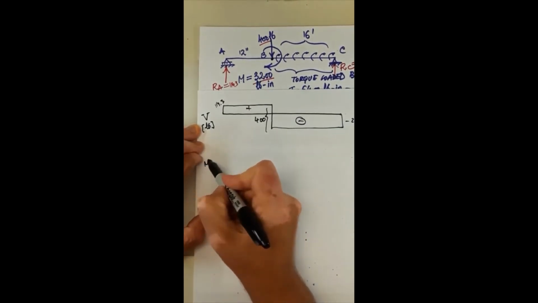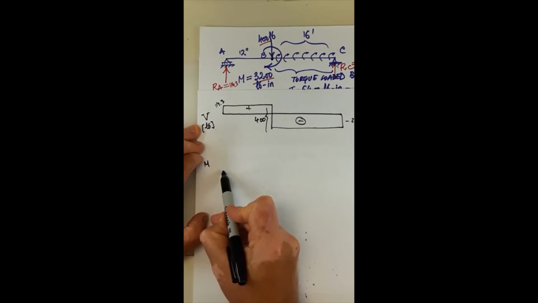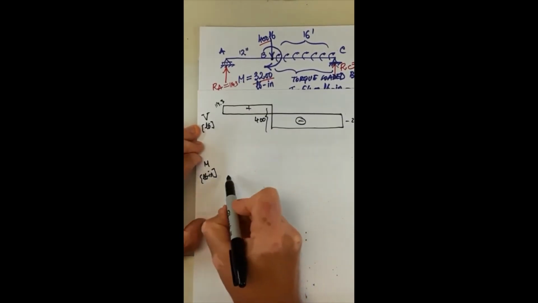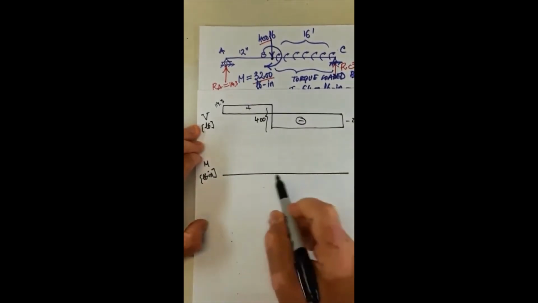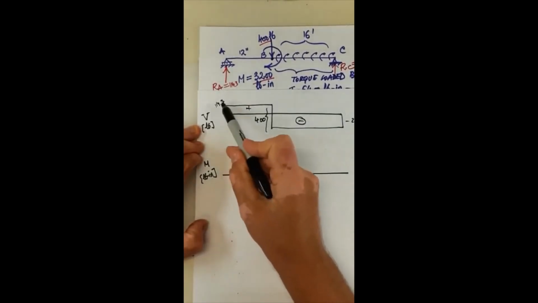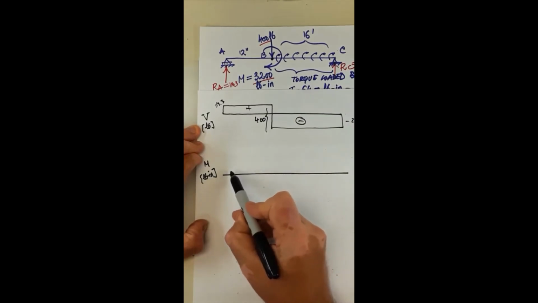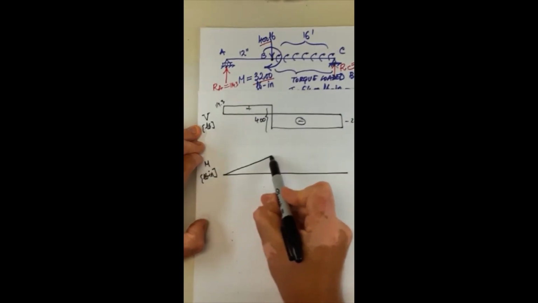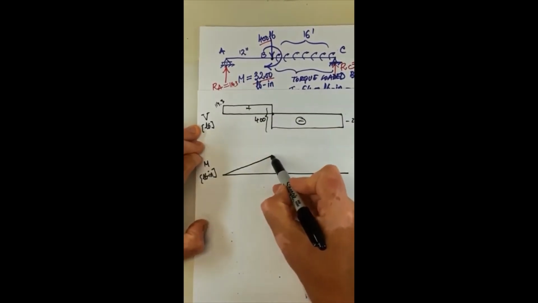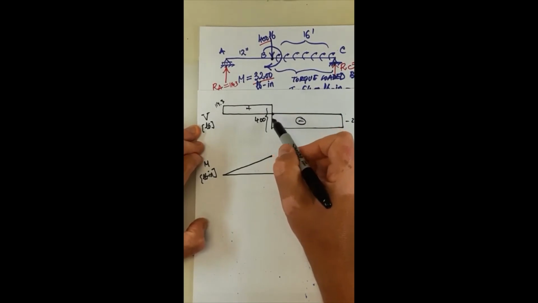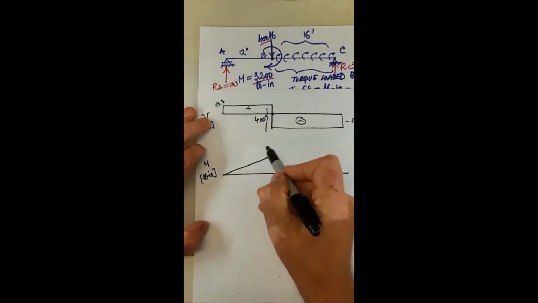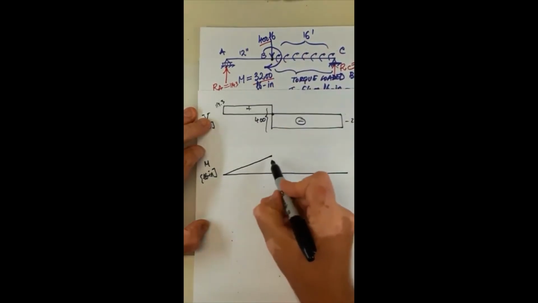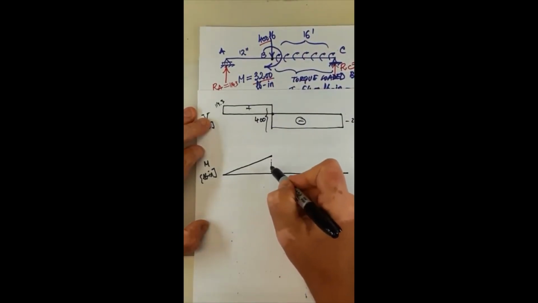The moment diagram, and units are pound-inch. It goes like so. I have a positive slope of 114.3, and we're expecting a maximum with a cusp at this location, B. And what is the moment at B?